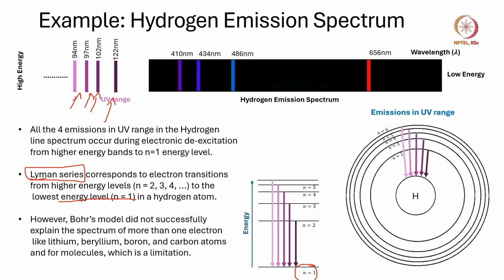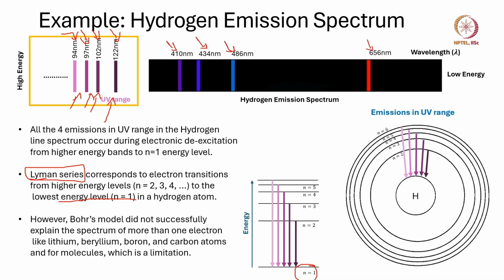Even though Bohr's model could explain different electronic transitions for hydrogen atoms and allowed us to calculate the combination of different energy levels between which the electronic transition occurred, corresponding to different wavelengths that we have observed in the line spectra of hydrogen emission in the UV range as well as in the visible range.